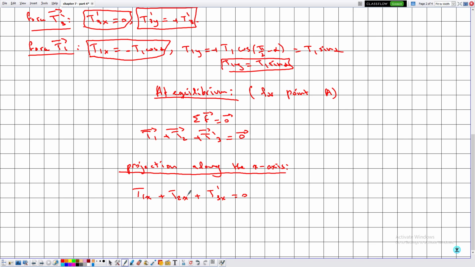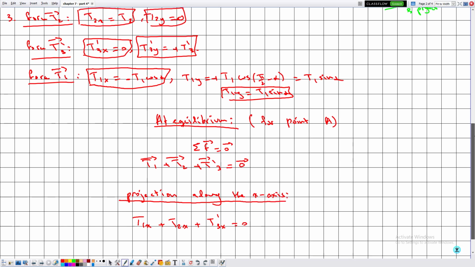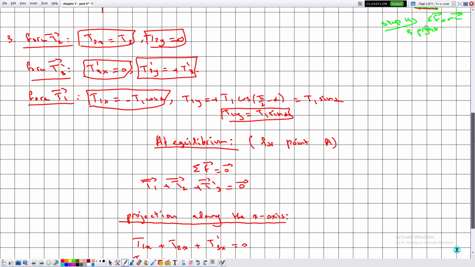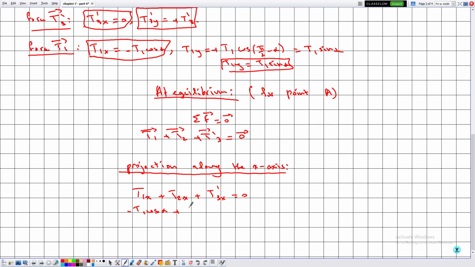And we have determined previously these values. T1x is equal to minus T1 cosine alpha, and T2x is equal to T2, and T prime 3x is equal to 0.